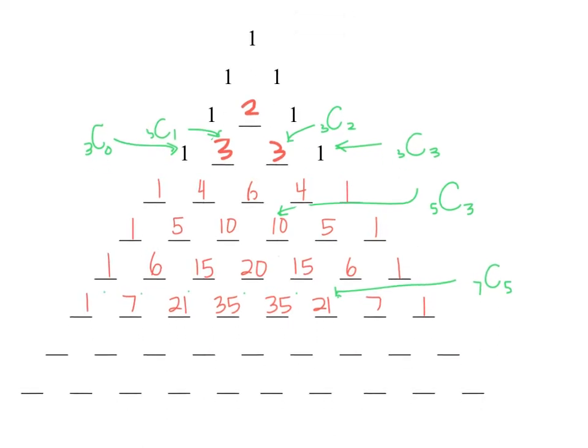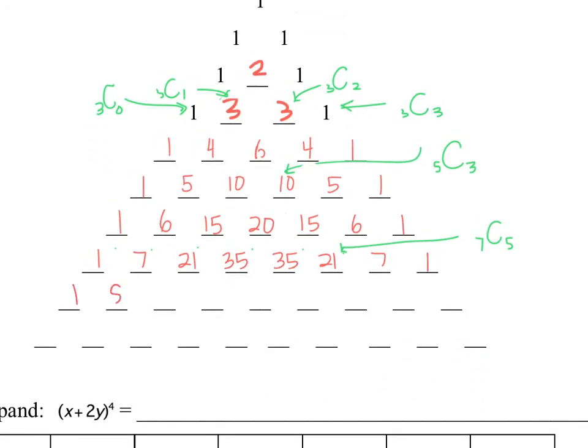You can fill these in using the addition of the triangles also. 7 plus 21 is 28. 21 plus 35 is 56. 35 and 35 is 70. And then I go back down to 56, 28, 8, and 1.